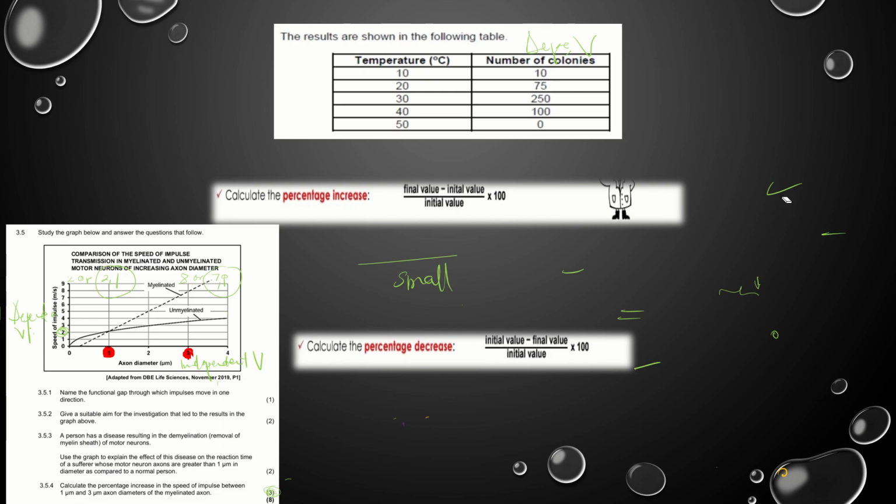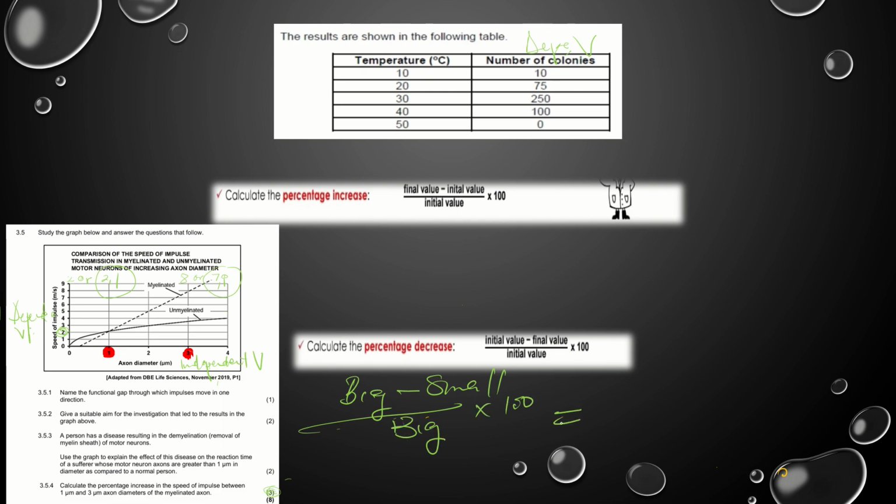Even if they asked you to calculate the percentage decrease, you're still going to say big minus small, divide by big this time around, multiply by 100. You use the same values, 7,9 minus 2,1. But now for a change, you divide by 7,9. Then you multiply by 100. Then you write the answer there.